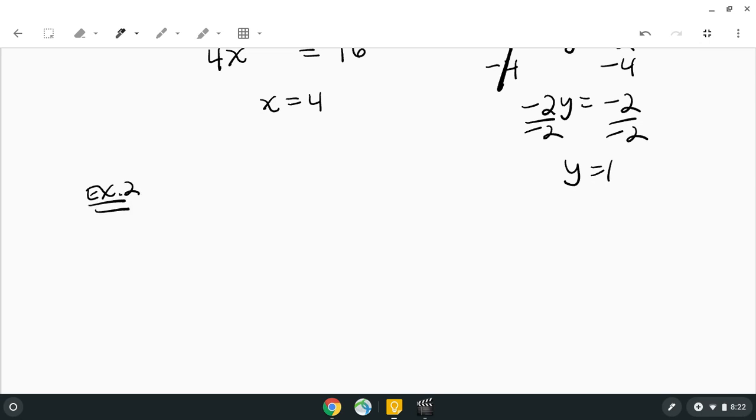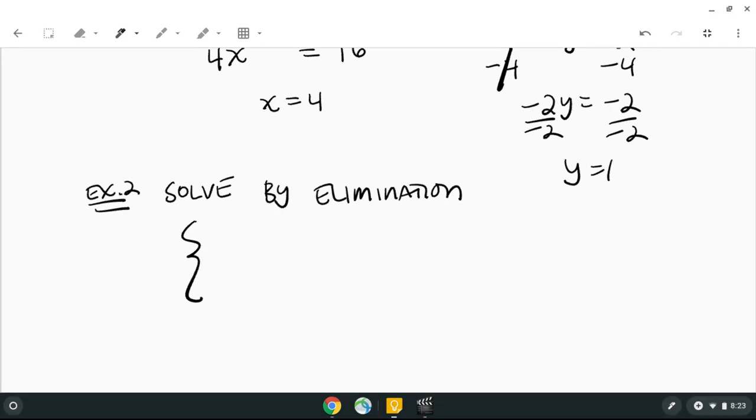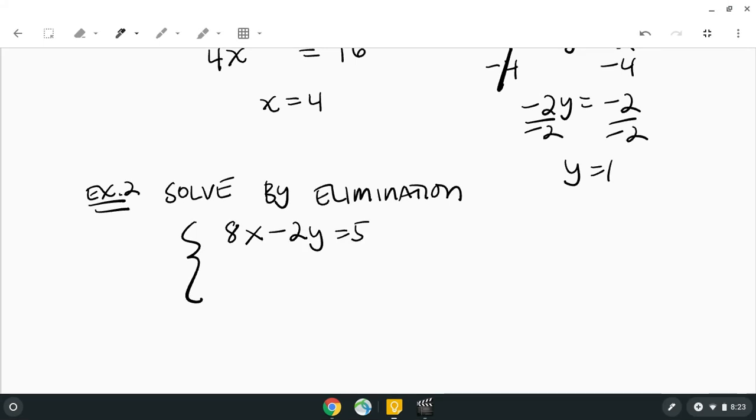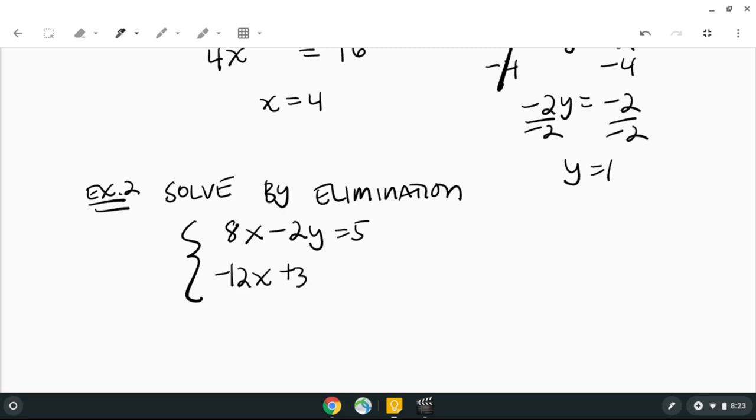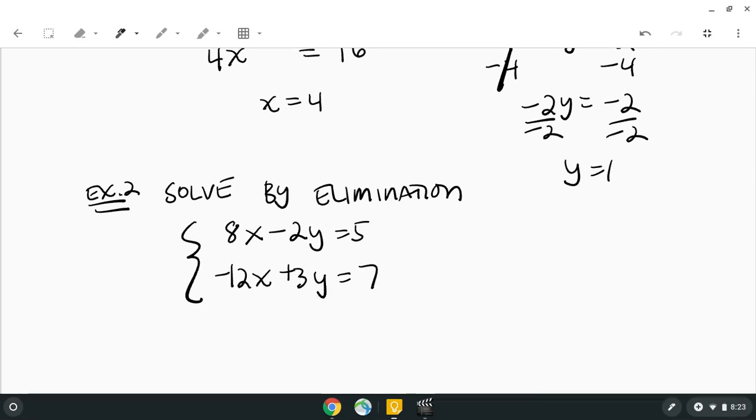Okay, so let's take a look at this one. Solve by elimination. Suppose that I have 8x minus 2y equals 5, and negative 12x plus 3y equals 7.